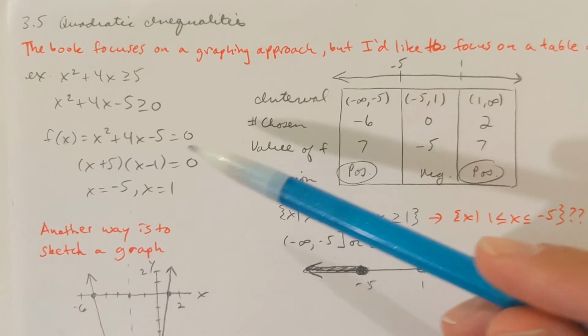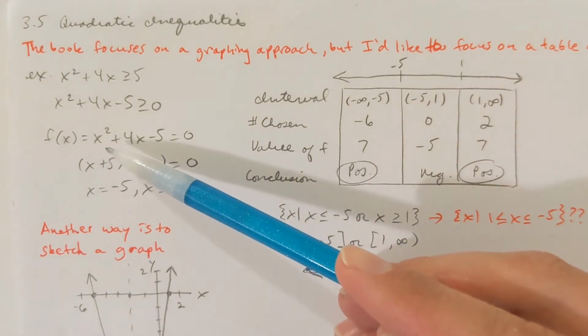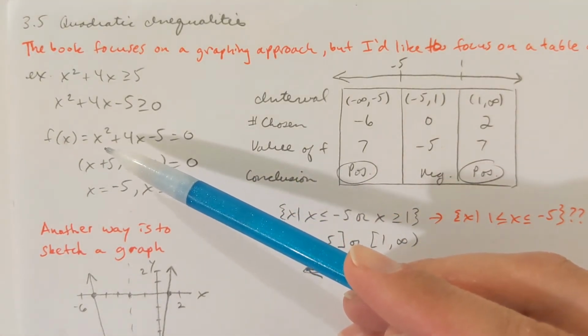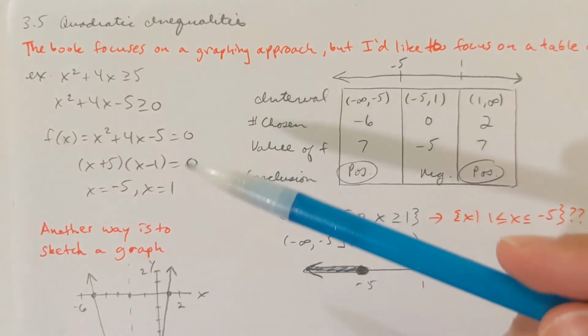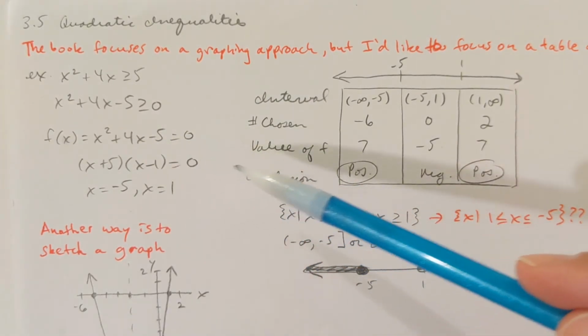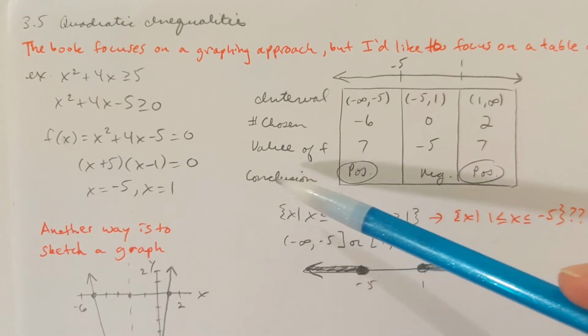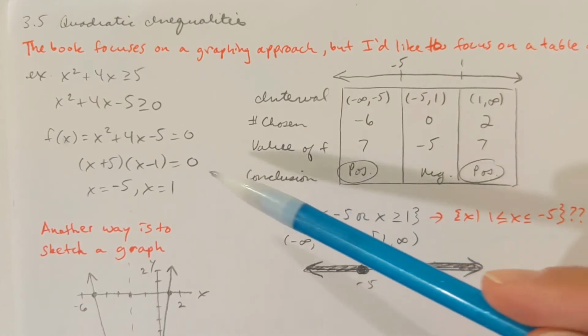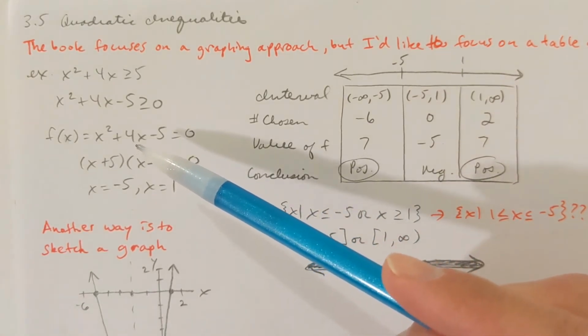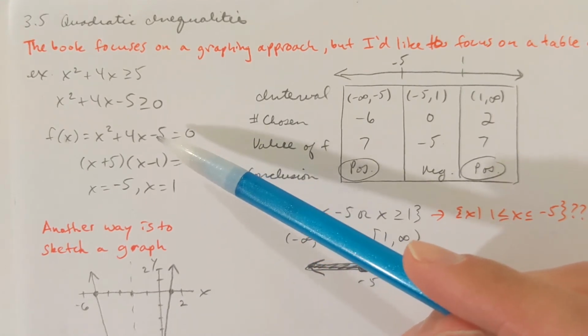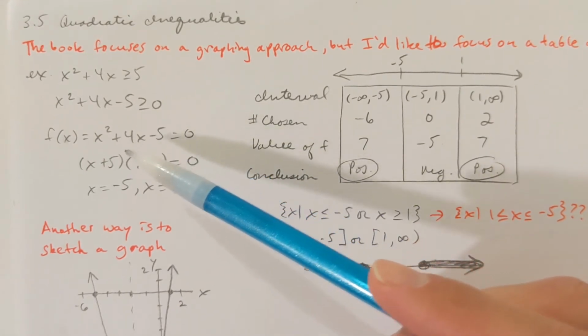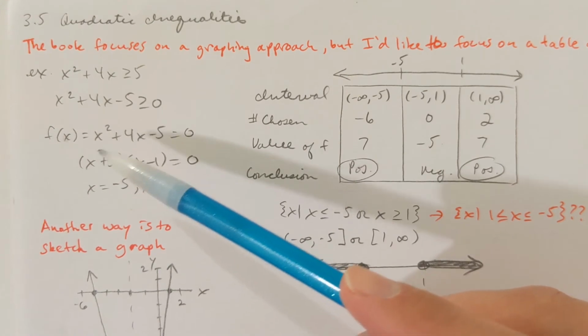If x is negative 2, or let me just take the opposite of b over 2a. The opposite of b is negative 4 divided by 2a. 2 times 1 is 2.